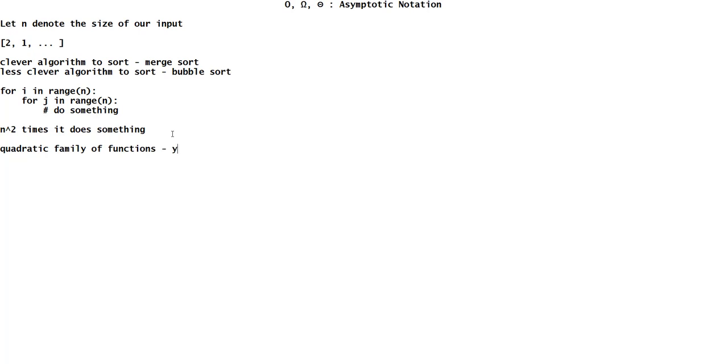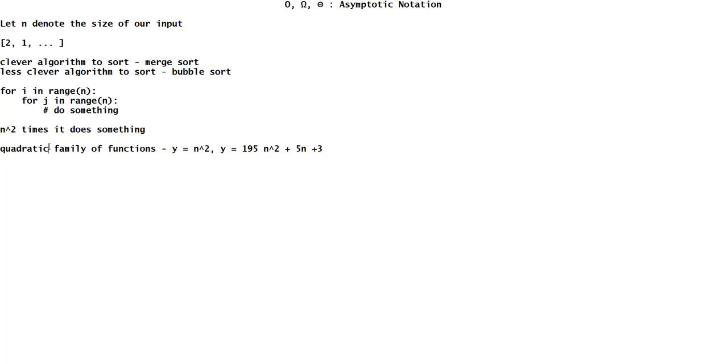So stuff that looks like y equals n squared, or even y equals n squared plus n plus 3, maybe 5n, and maybe 195 n cubed, right? So this is what it means for this to be in the quadratic family of functions.